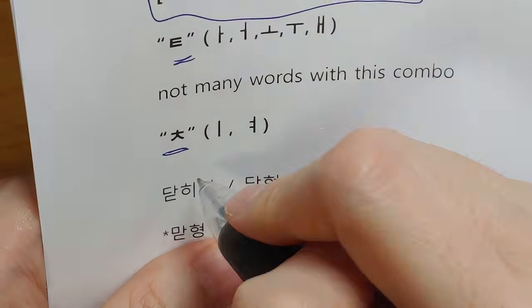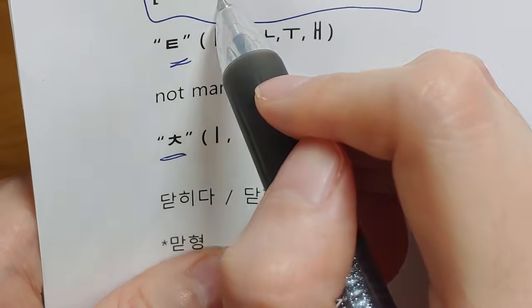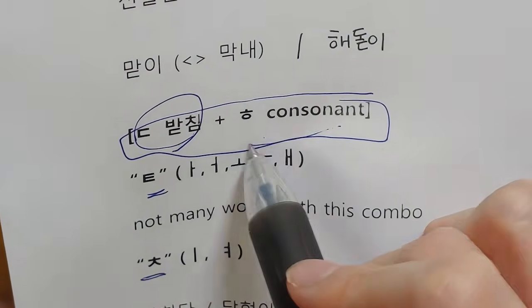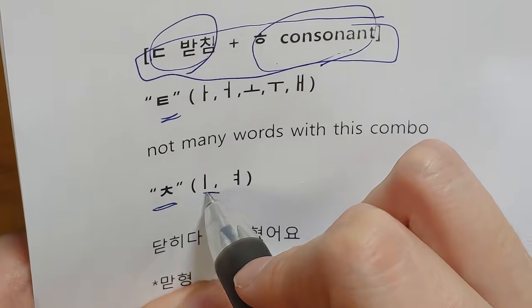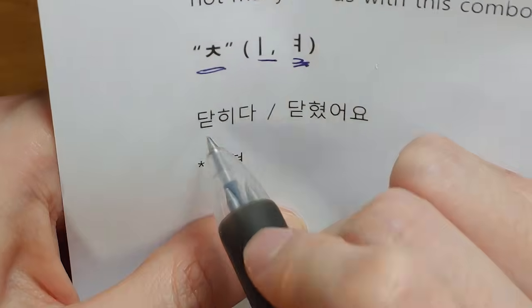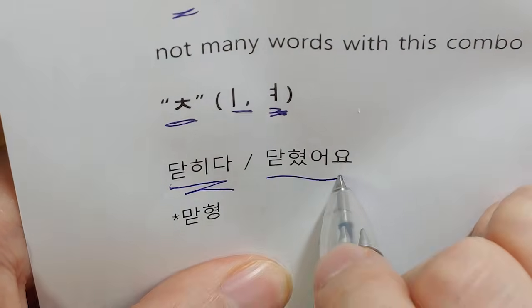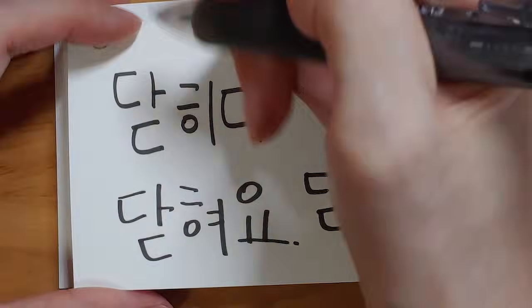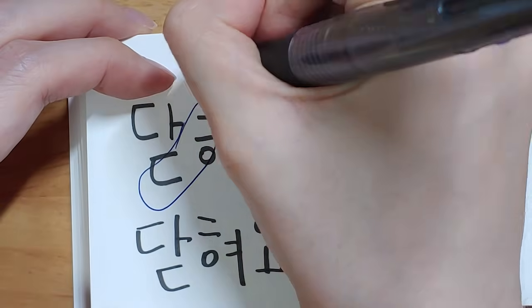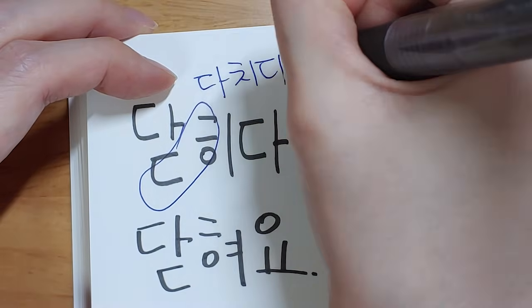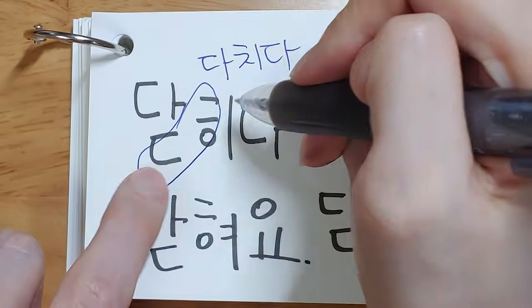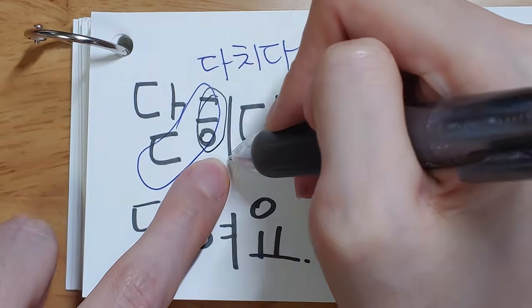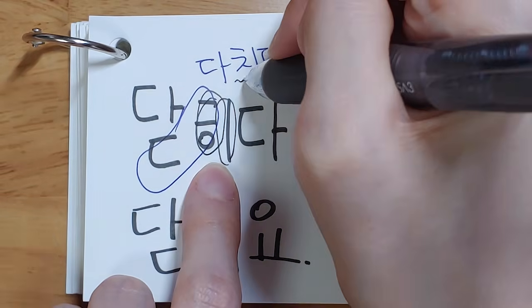The most general rule is that when 티귿 받침 is combined with 히읗 consonant that is followed by an e or 여 vowel, like 다치다 or 다쳤어요, the way I pronounced it was 다치다, right? So this ut combined with 히읗 consonant with an e vowel produces a ch sound.